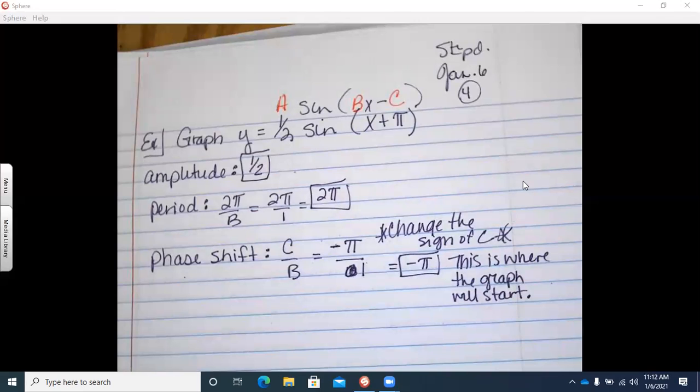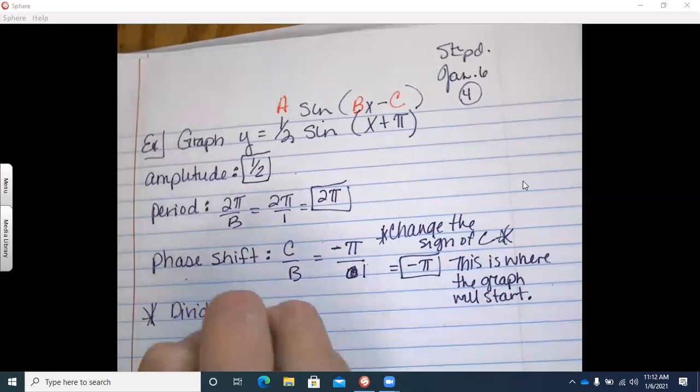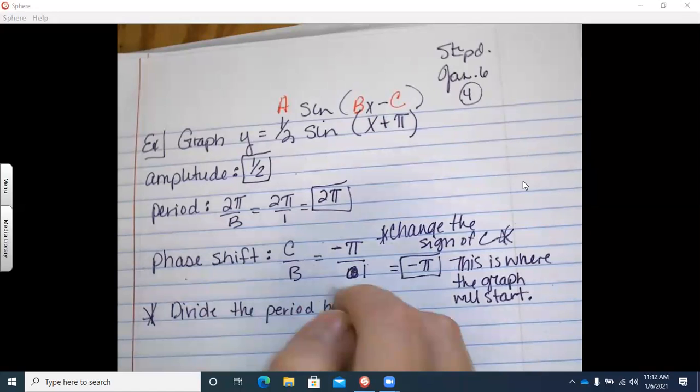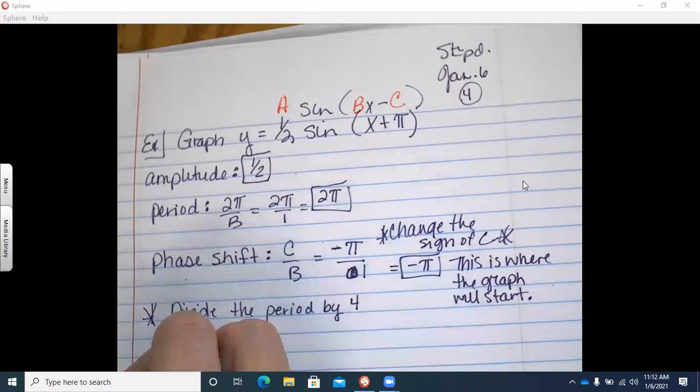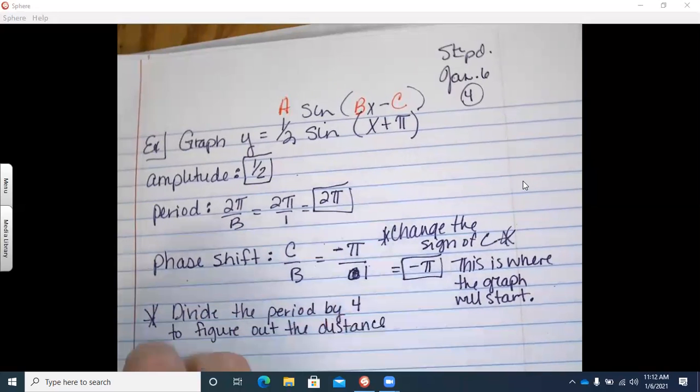So divide the period by what number? 4, because it's 4 equal sections, right? Divide the period by 4 to figure out the distance between each x value.